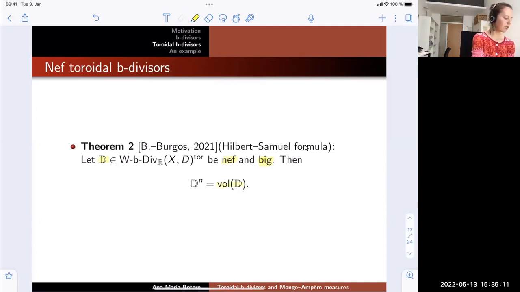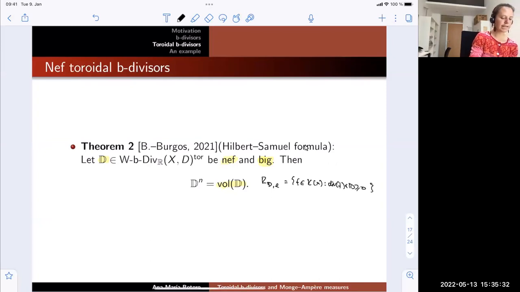So about the volume, to D you can associate a graded linear series. R_D(L) is just the rational functions f such that div(f) plus D is bigger or equal to 0.